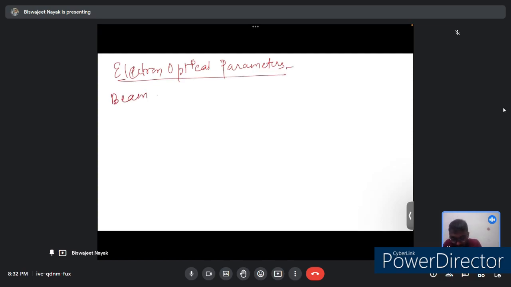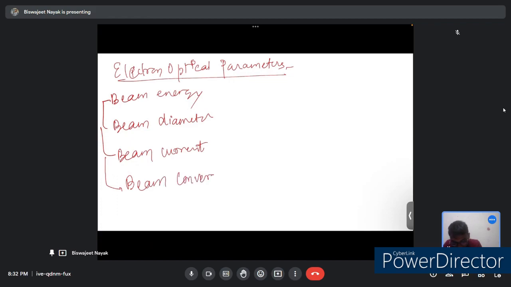So for that we need to know about the beam energy, beam diameter, beam current, then beam current density, beam convergence angle, beam solid angle, then optical brightness, and the focus.